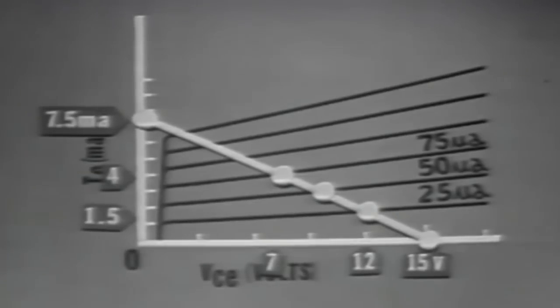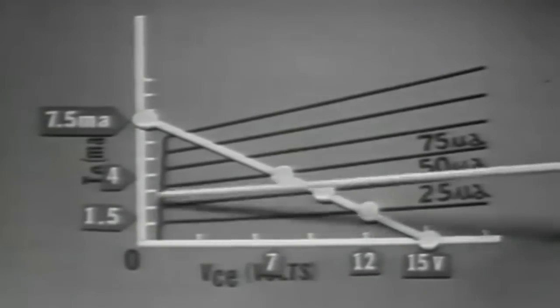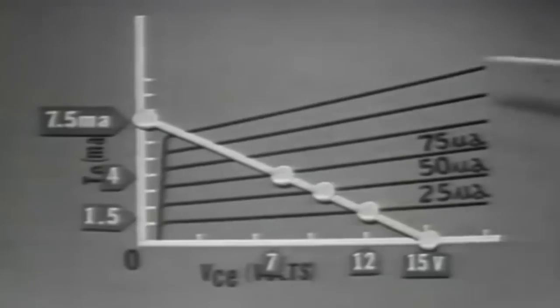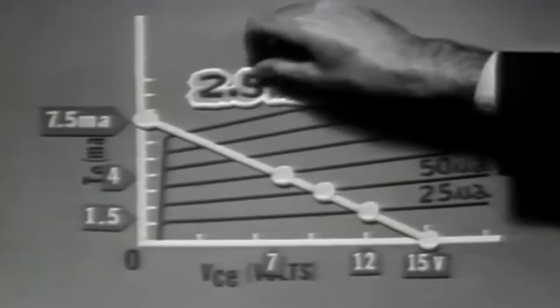From the graph, we have indications that a base current change of 50 microamps peak to peak causes a collector current change from 1.5 milliamps to 4 milliamps, or a total current change of 2.5 milliamps peak to peak.